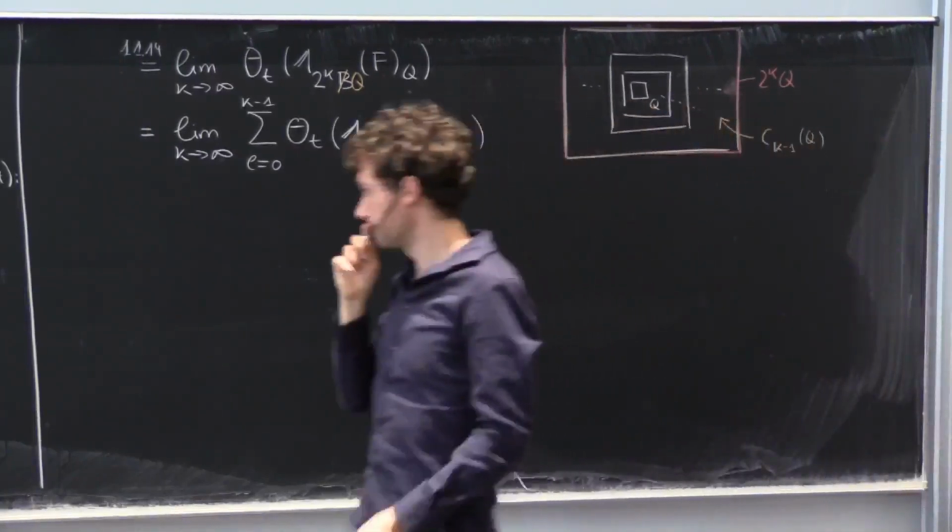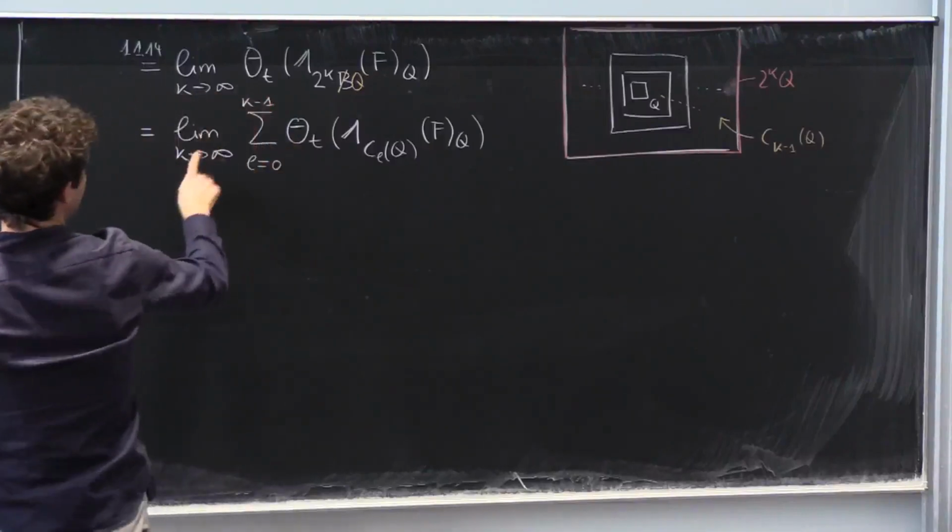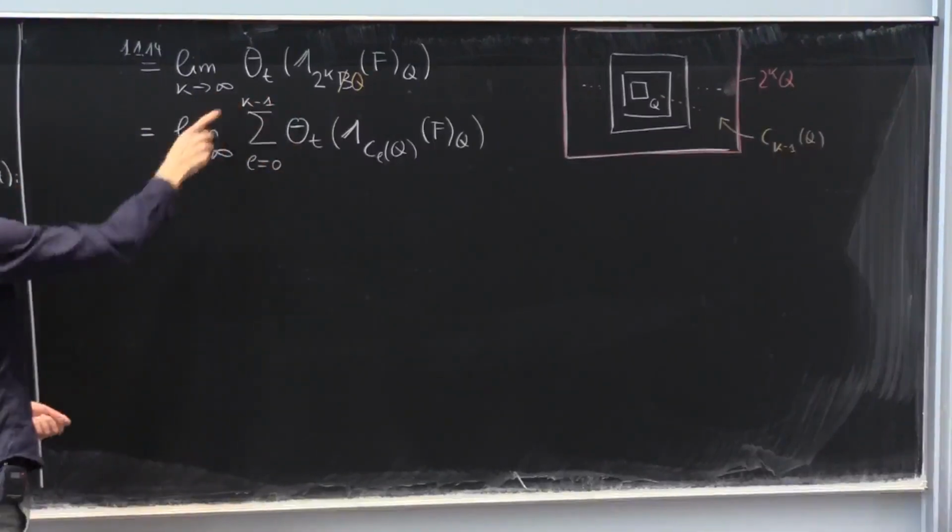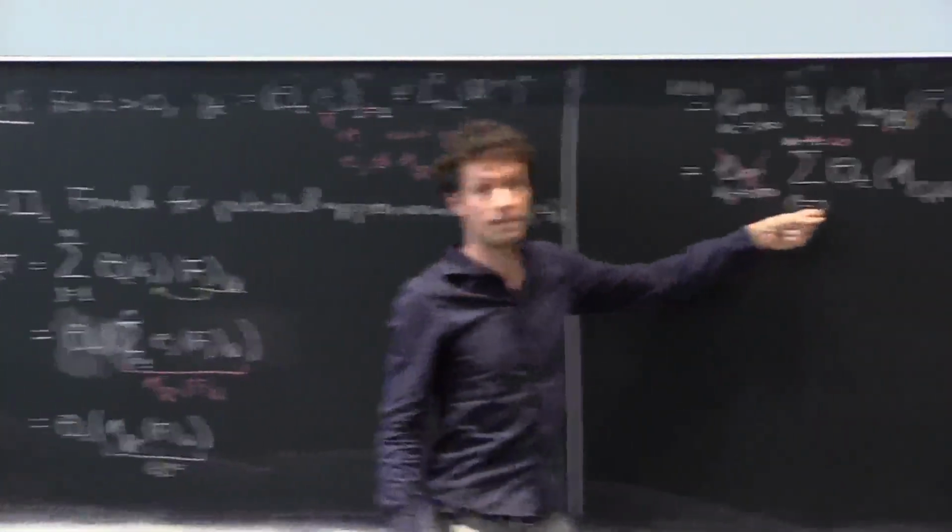Agreed? And so now this is a limit, k going to infinity, of a series that we know is convergent. So, okay, and that's a formula. That's a formula for this object, which is equal to this infinite series.